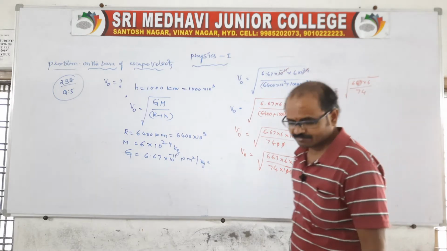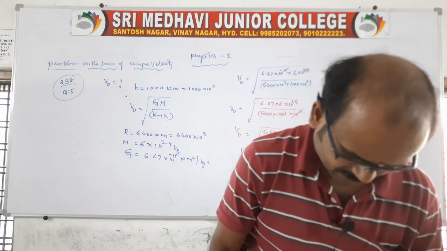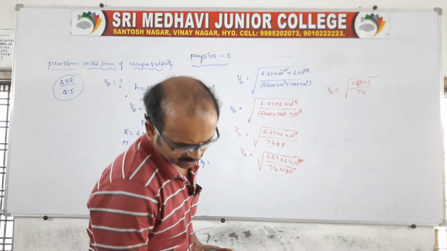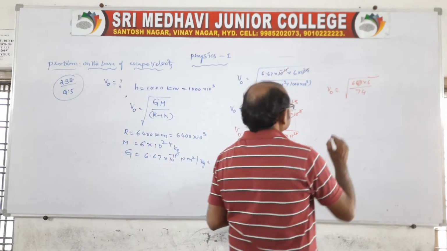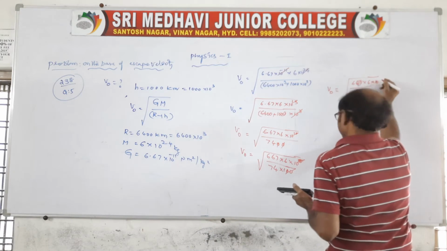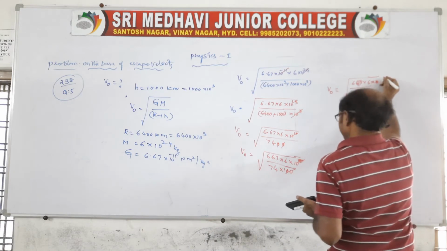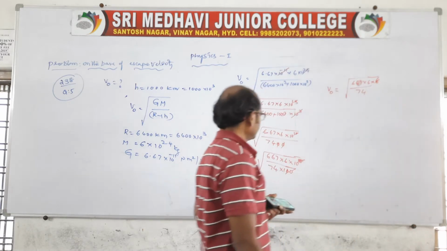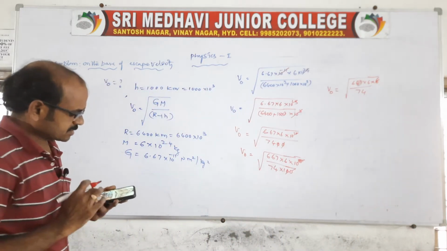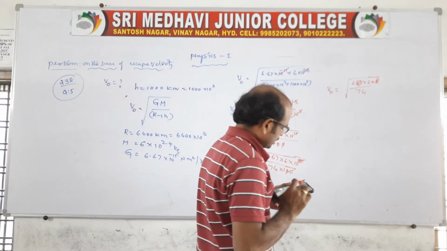Now this we have to calculate. In the calculator we may get 10 power 6, because 10 is cancelled. See, there will be 2 that cancel, therefore the calculation will be like this.